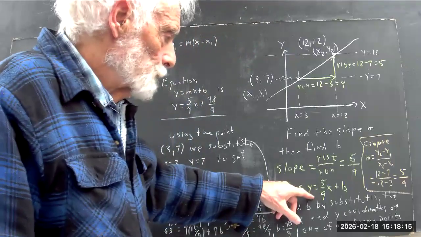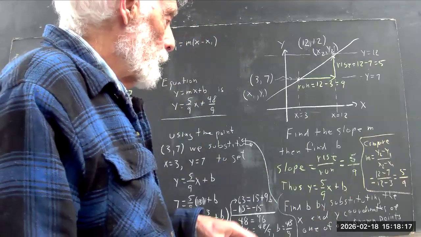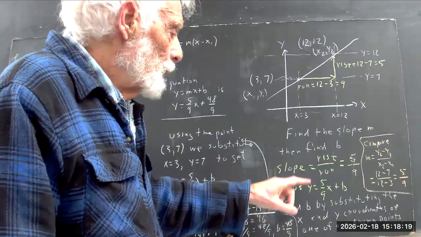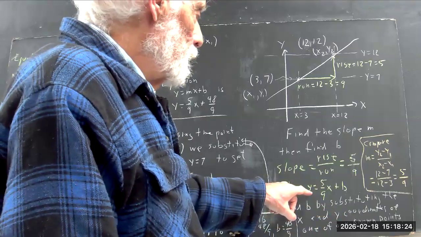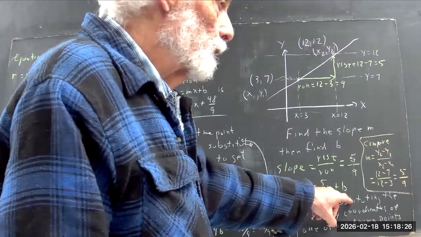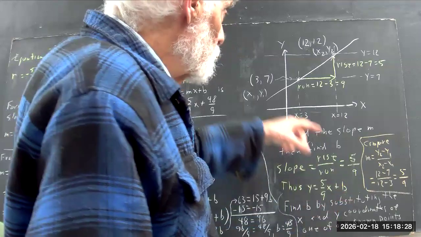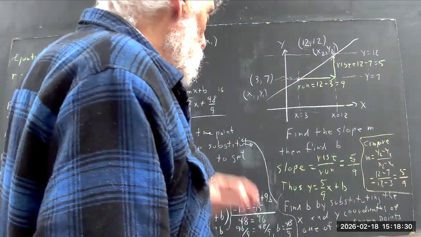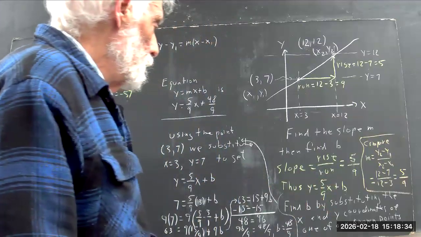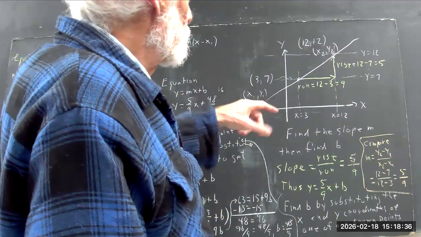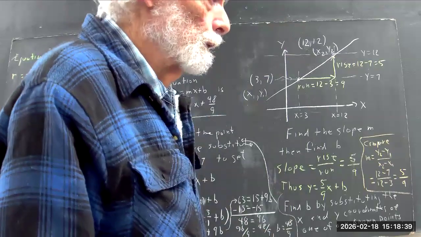M stays the same, b stays the same. Well, in order to find b, if we know the values of y and x, we can find b. Well, we have 2 points. We have 2 xy points from which we can easily find b. So we choose a point, either 3,7 or 12,12.